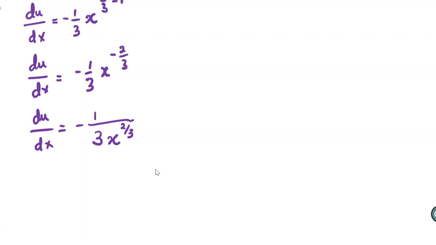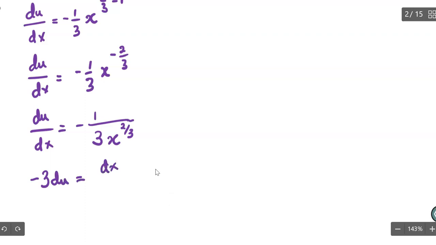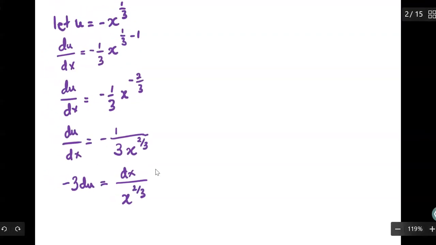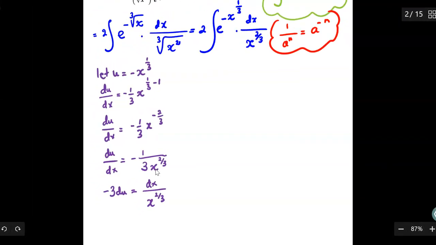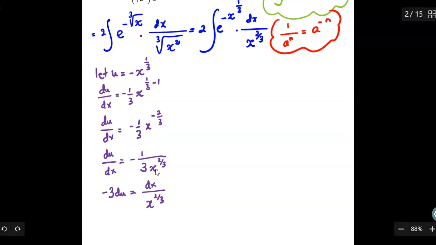I will take this times negative 3, so du equals negative 3 times dx divided by x raised to exponent 2/3. Okay, so let's see what we have. Right here, I have done all of this stuff.